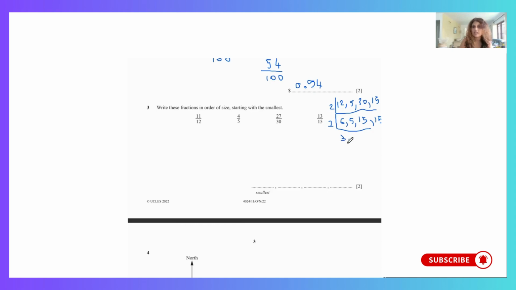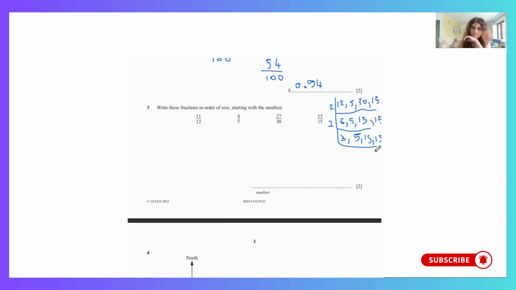Then it's 3, then 5, 15, and 15. Okay. Then there are no numbers that can be divided by 2. So therefore, you can go to the next prime number, which is 3.